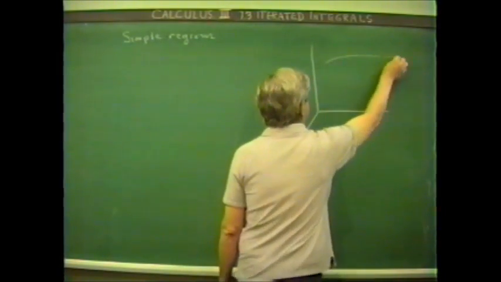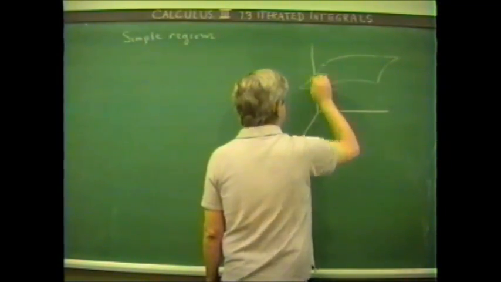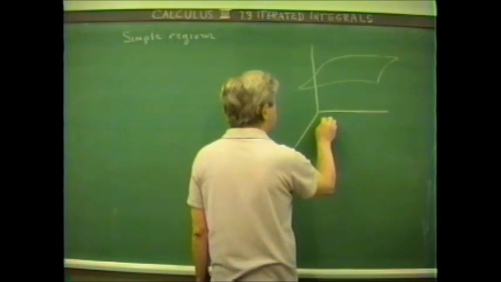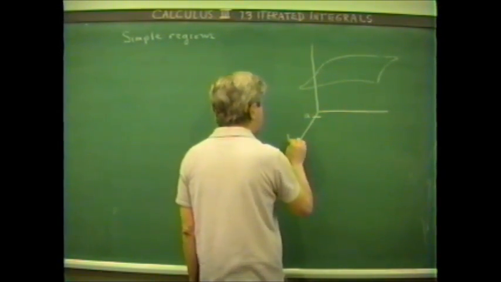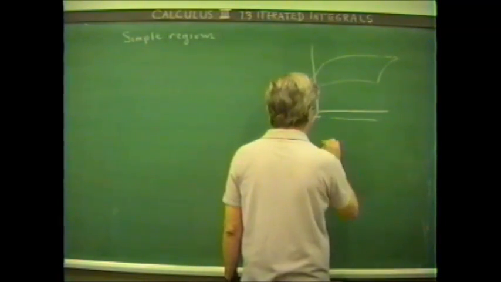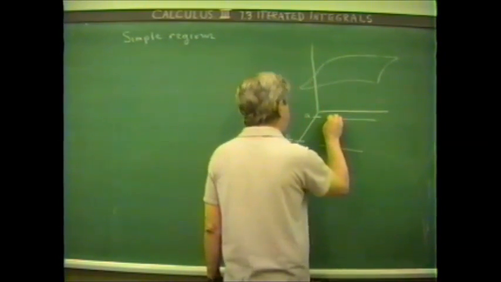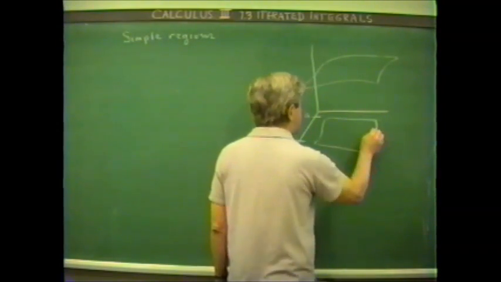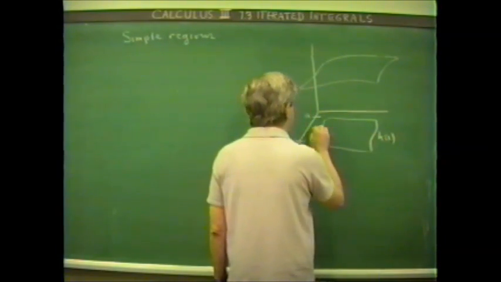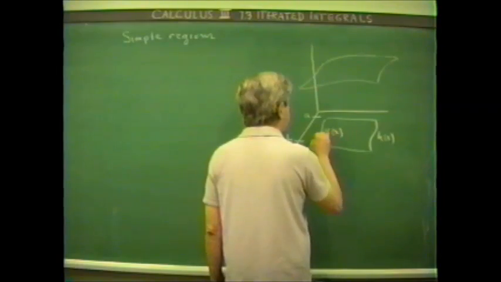You've got a function f of x and y up here, and the region may be between a and b, like so, but then the other boundaries of the region may be two functions of x, let's say h of x here and g of x over here.